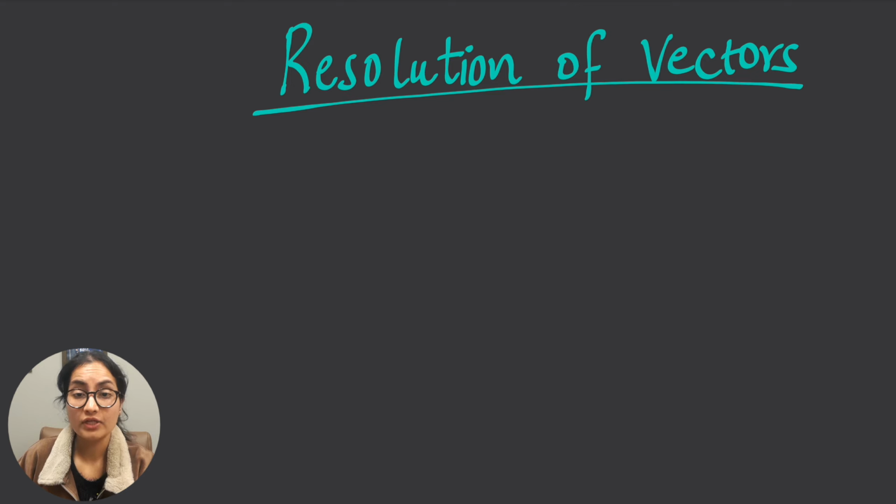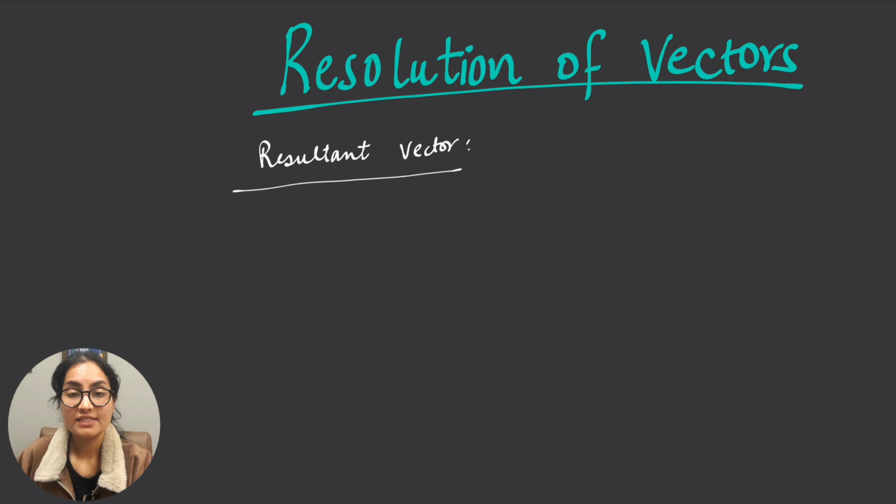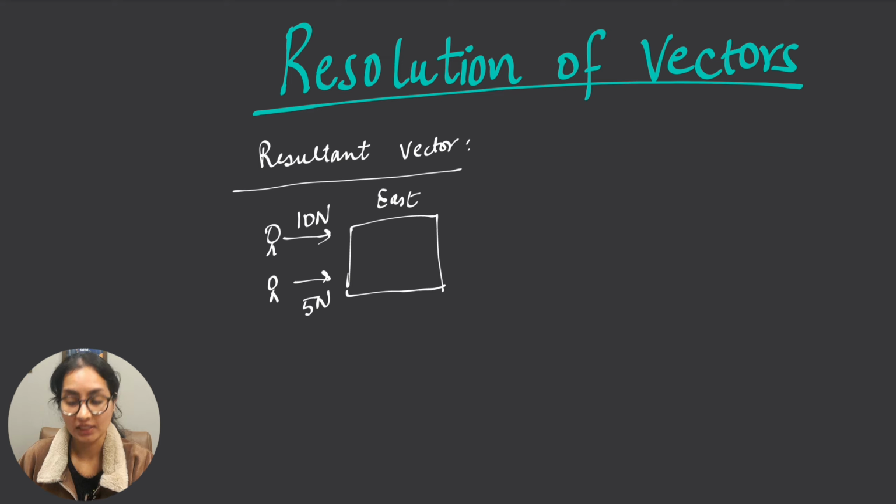First, let me talk about the resultant vector. For example, if I am pushing this box with 10 newtons of force in the east direction, and I call my friend to push this box alongside me, and she is applying, let's say, 5 newtons of force in the east direction, we are able to move this box.